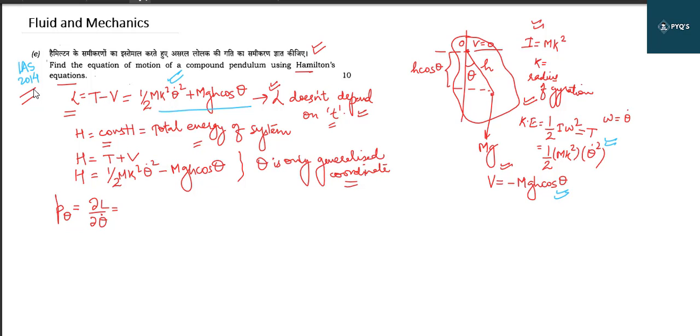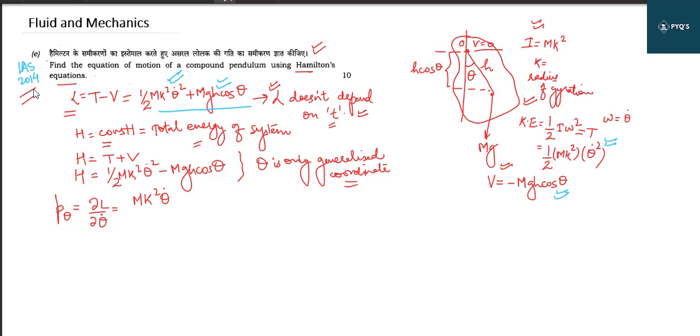This term will be differentiated, and this will be 0 with respect to theta dot. So I'll get the partial differentiation as m k square. Then you'll get 2 theta dot and the 2 will be cancelled. That will become theta dot.